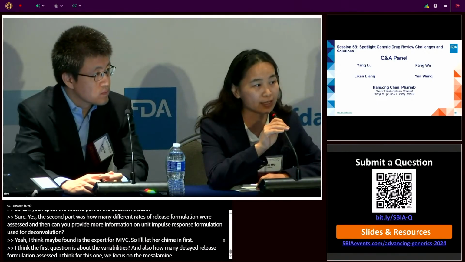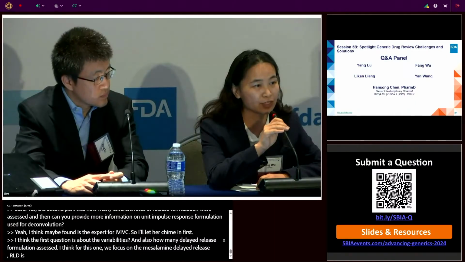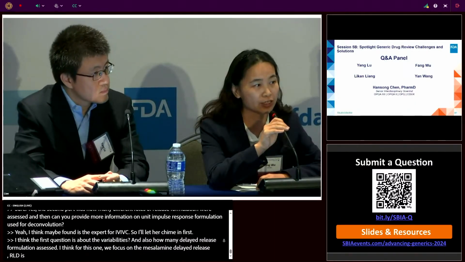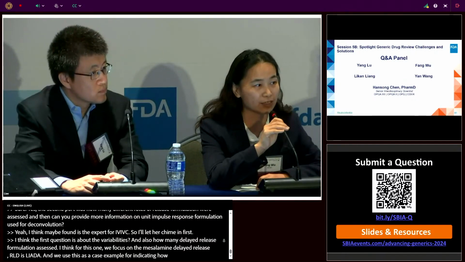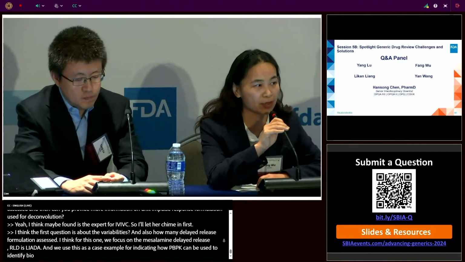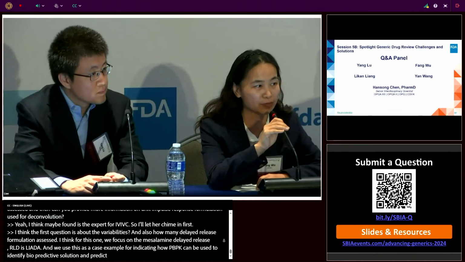The RLD is Lialda. So we focus on this RLD and the relevant generic drug formulations. We use these as a case example for indicating how PBPK can be used to identify the biopredictive dissolution and predict local amount of drug in the colon.